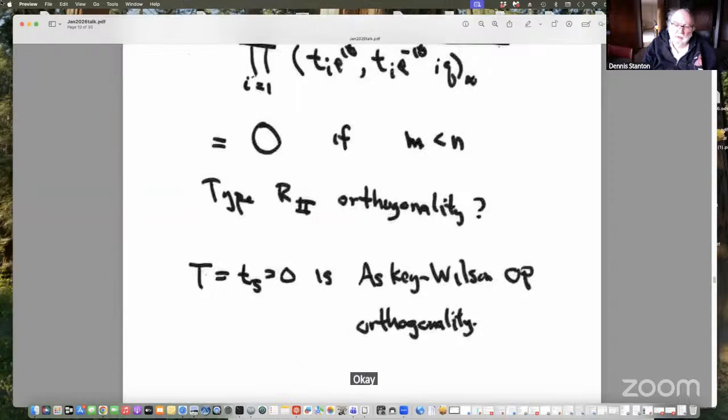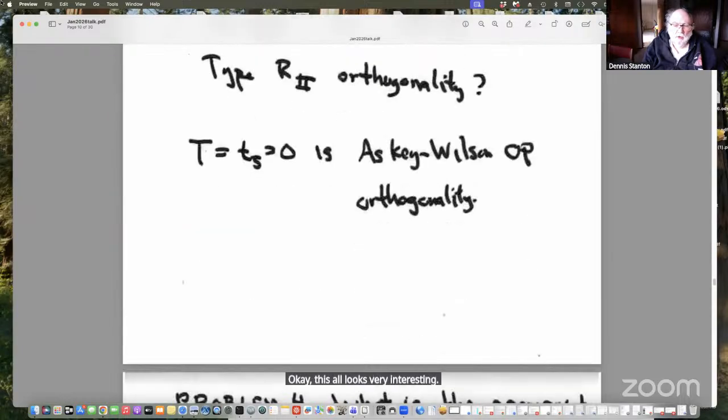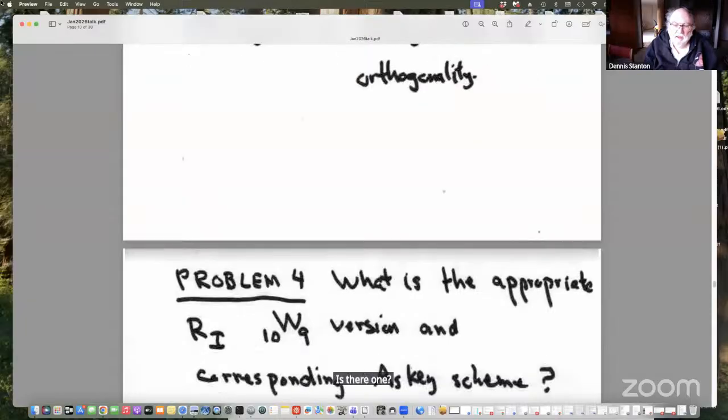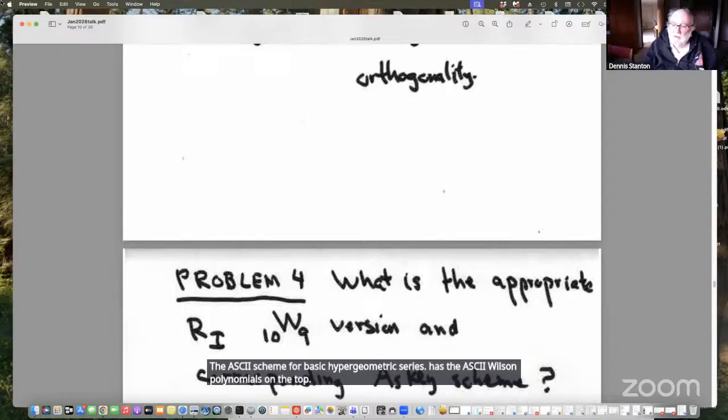Okay, this all looks very interesting. What are the problems? What's an appropriate R1 10W9 version? Is there one? And is there a corresponding Askey scheme? The Askey scheme for basic hypergeometric series has the Askey-Wilson polynomials on the top, and then many, many subcases.